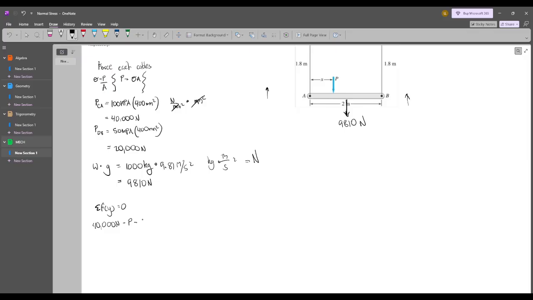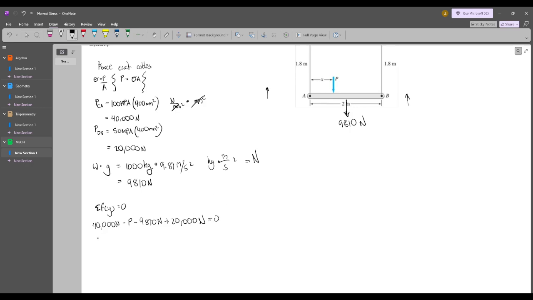We also have negative the weight because it also goes downwards, unless something world-breaking happens to change that. Now, of course, for the second cable, which is 20,000 newtons.